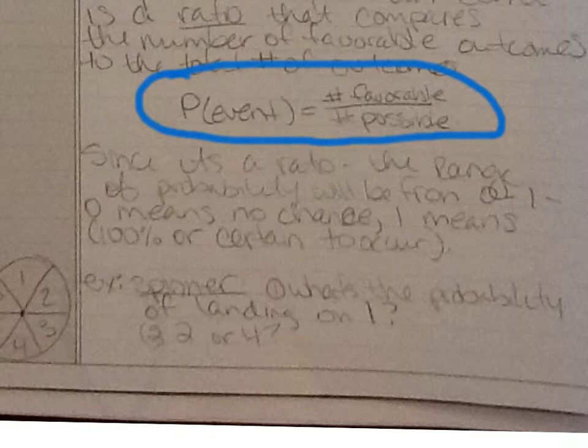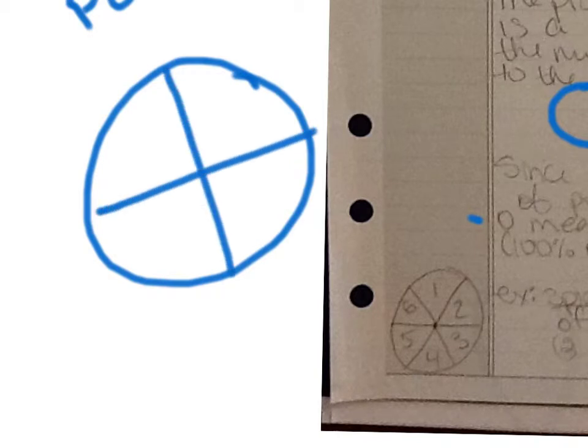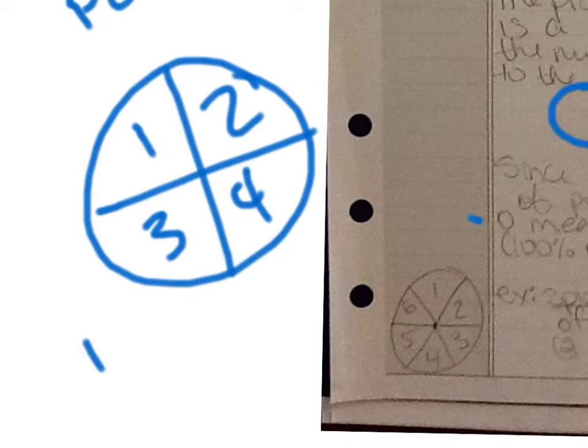Since probability is a ratio, the range of the probability is going to be between 0 and 1. So 0 means that there's no chance, and 1 means that the event is certain to occur. For example, we'll just keep using this spinner, 1, 2, 3, 4. The probability of landing on a 5, well, there are no 5s here.